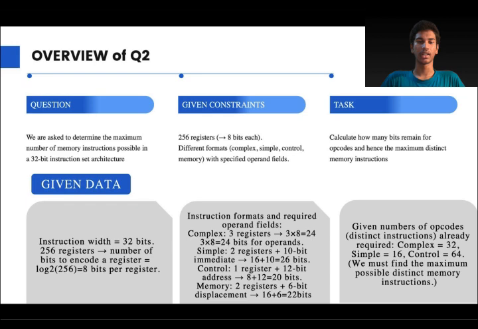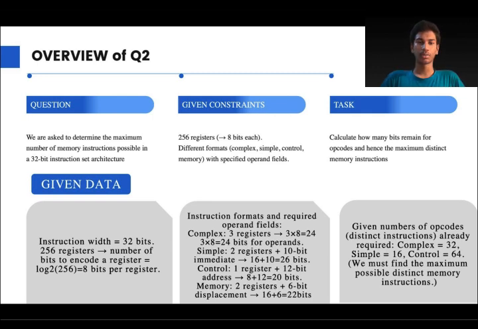Control instructions contain one register with a 12-bit address. And finally, memory instructions contain two registers with a 6-bit displacement value. We are told that there are 32 complex instructions, 16 simple instructions, and 64 control instructions. We need to find the maximum number of memory instructions.